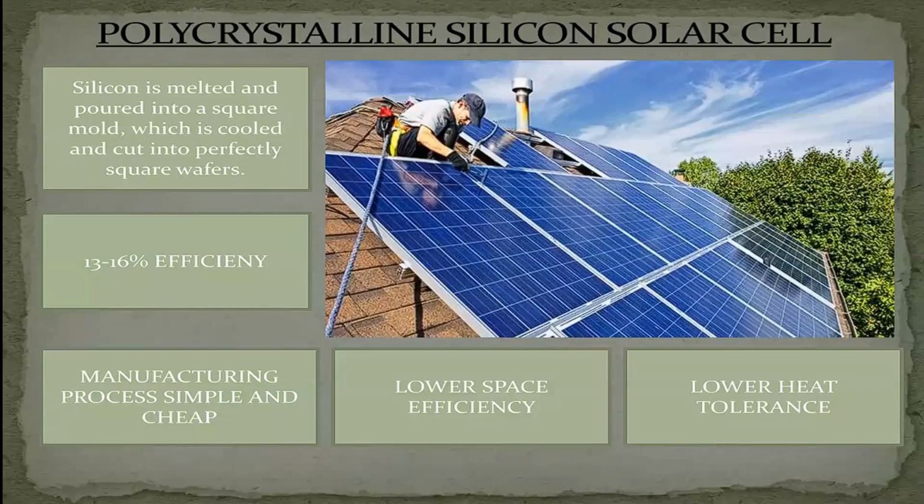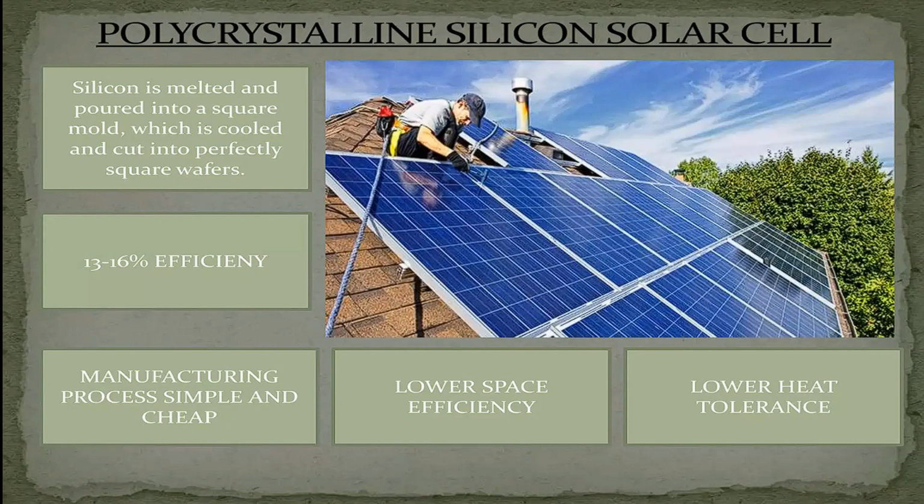Polycrystalline silicon solar cell. Silicon is melted and poured into a square mold, which is cooled and cut into perfectly square wafers, and they are clubbed together and made into a polycrystalline solar cell.